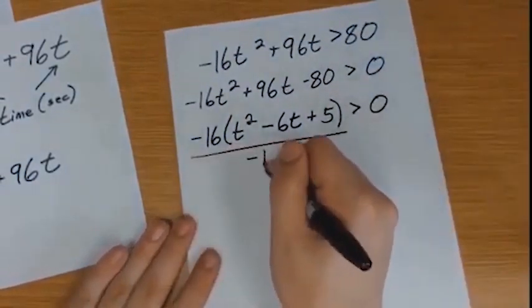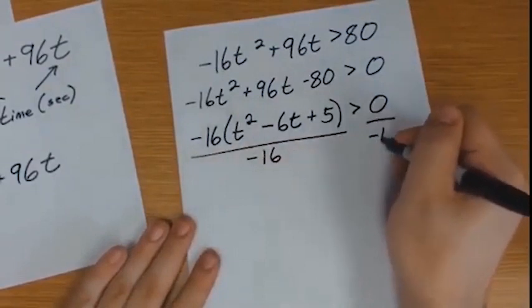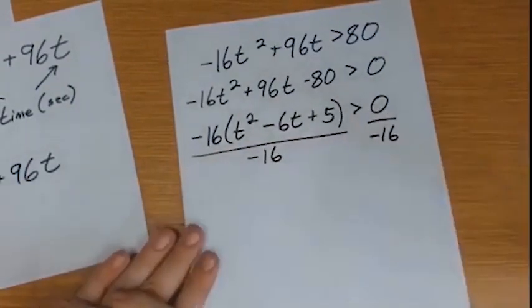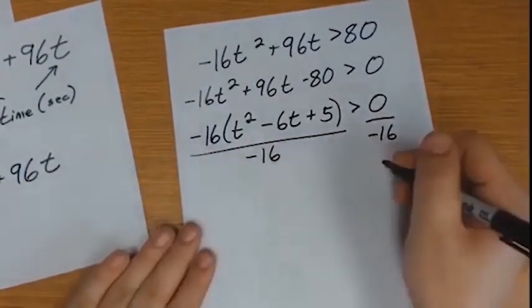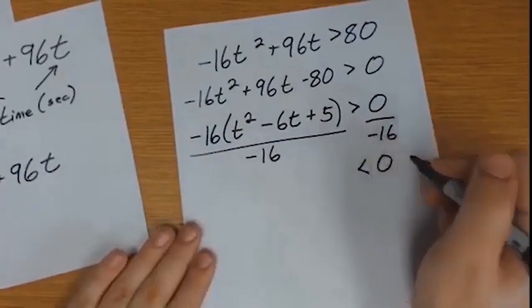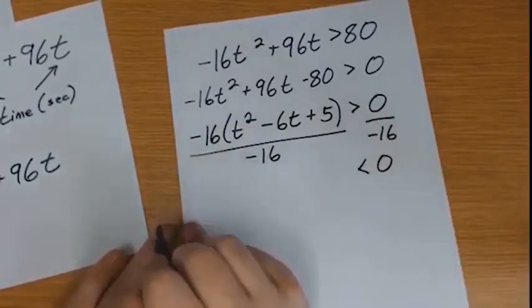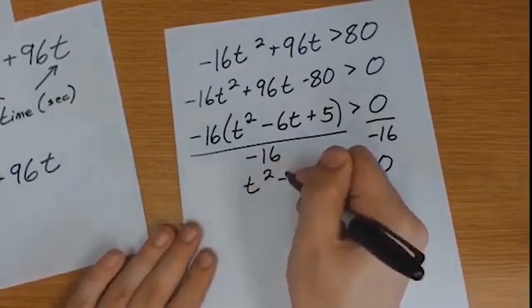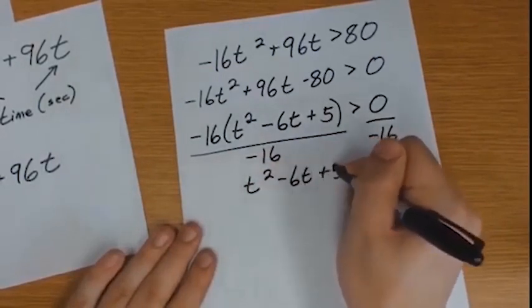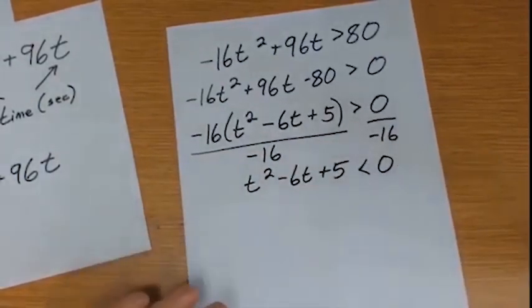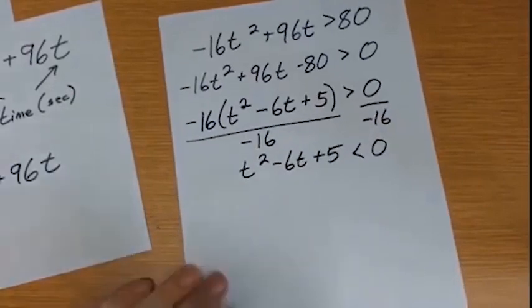And now we're going to get rid of this negative 16 by dividing both sides by negative 16. And what happens when we divide by a negative? We reverse the sign. So we have t squared minus 6t plus 5 is less than 0.